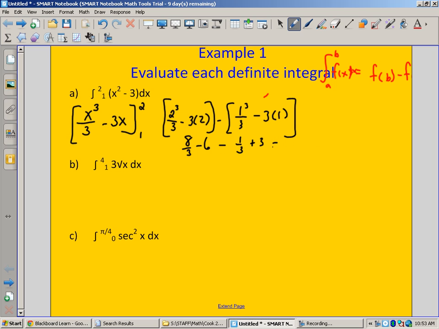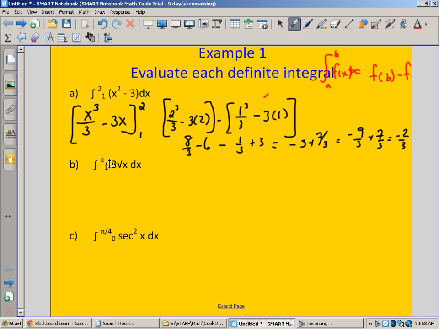Then 8/3 minus 1/3 gives 7/3, so I'm adding on 7/3. Now I combine them: -9/3 plus 7/3, which means -2/3 is the answer to this integration.